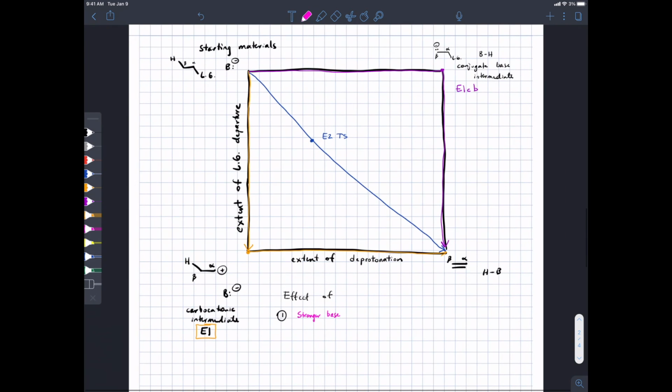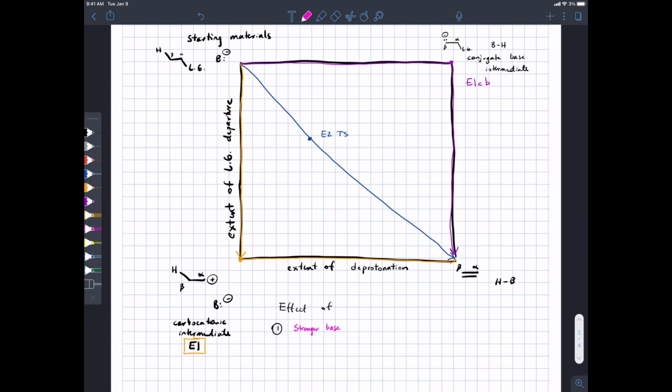I want you to look at this diagram and tell me in terms of energy, that is the z-axis coming out of the page or going down below the page, and I've got these four corners, we'll call them A, B, C, and D. If I make the base stronger, which corners is that going to affect, and which way are they going to move, higher in energy or lower in energy?